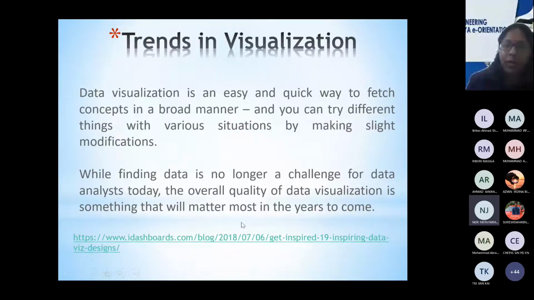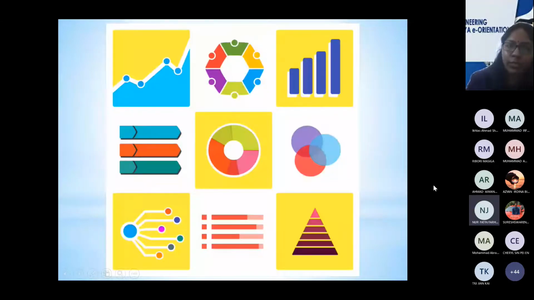Okay, so some of you already know all these graphs. This is a pie chart. This is a bar graph. This is a line graph. This is also a bar graph. These are pretty new. This is a circuit graph. This is a pyramid graph.